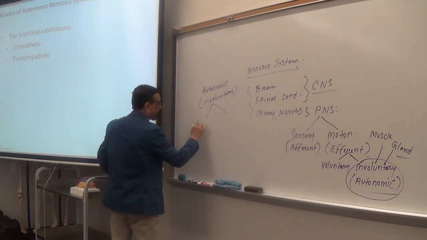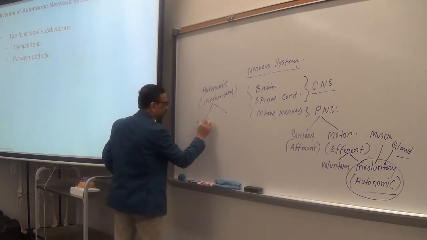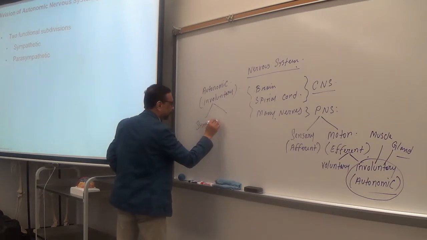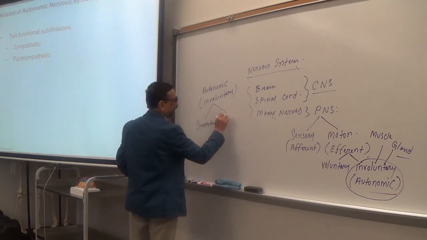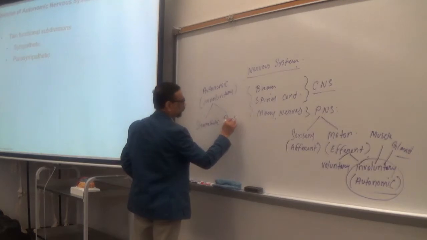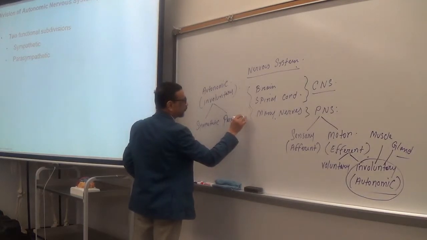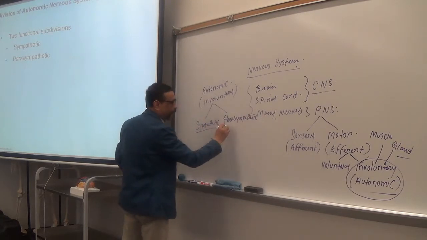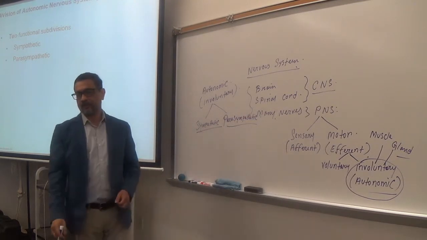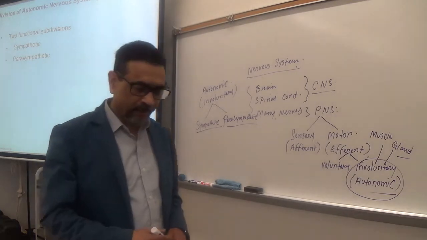One is called sympathetic autonomic, another is parasympathetic. Okay, so sympathetic and parasympathetic divisions of the autonomic nervous system.